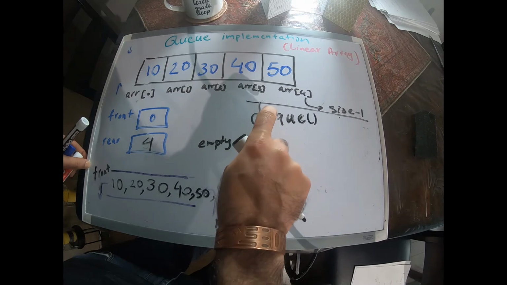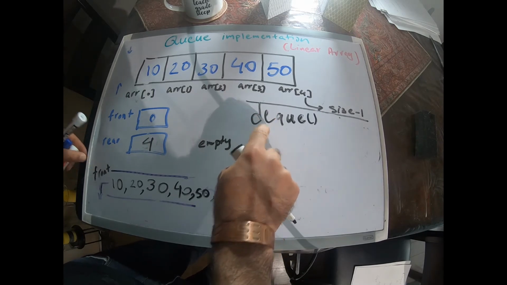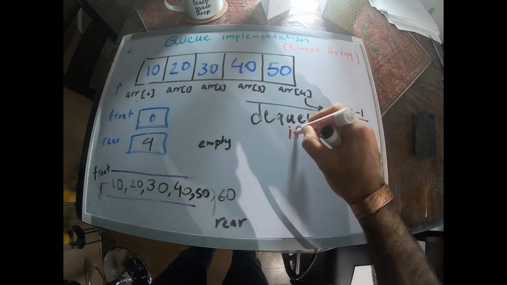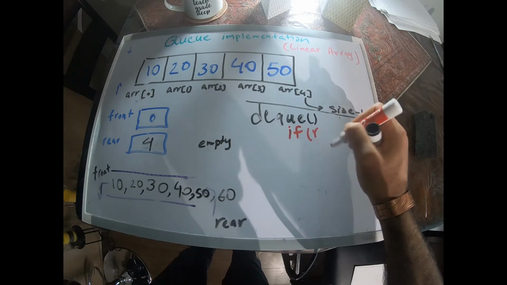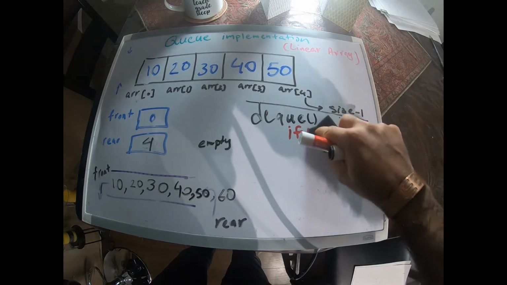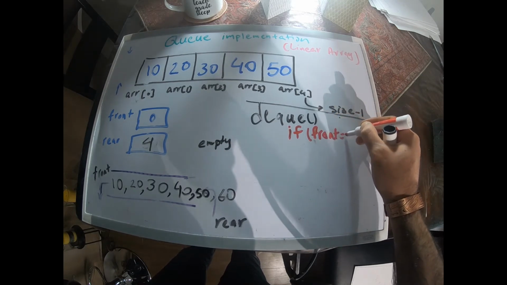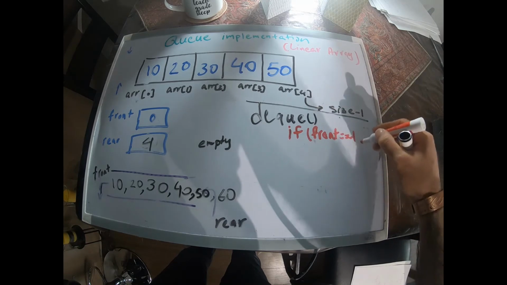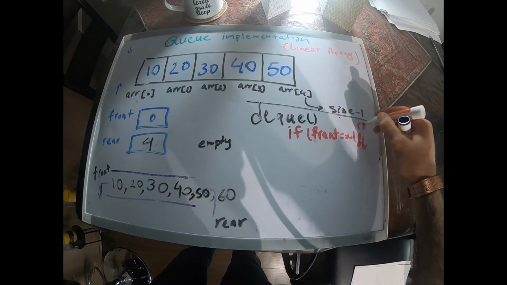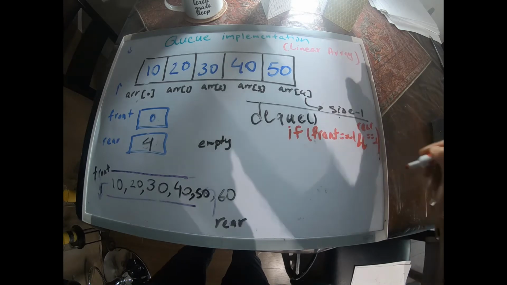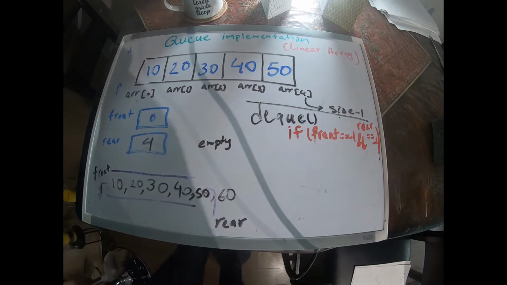In what case our queue is going to be empty? Once both front and rear are equal to -1, or as I mentioned earlier, even this one is going to be sufficient, but I'm just going to write both of them to write the general case.